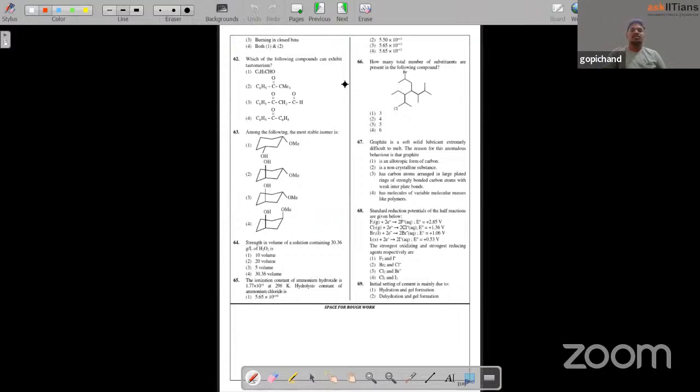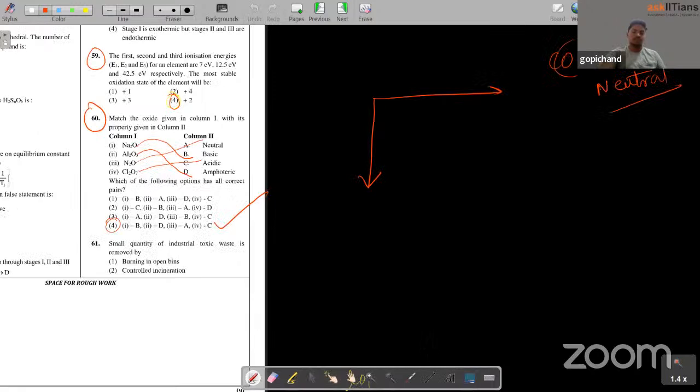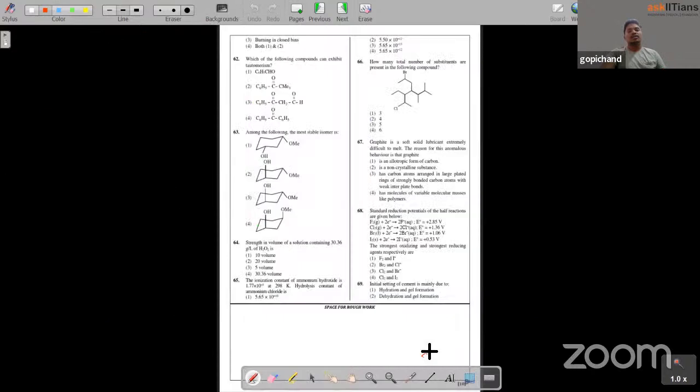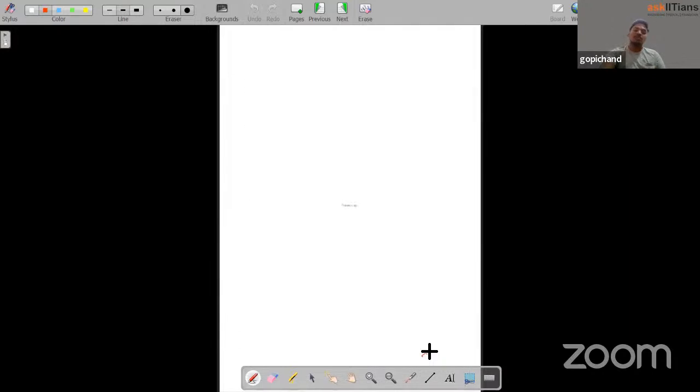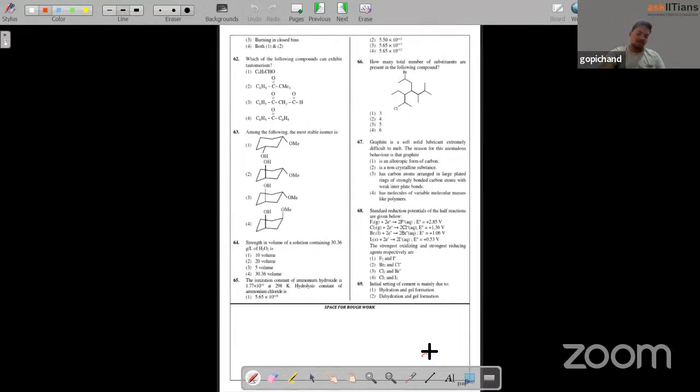The options are: burning in closed bins; burning in open bins or controlled incineration; burning in closed bins; and both 1 and 2 are correct. These kinds of questions are usually asked in your examination.